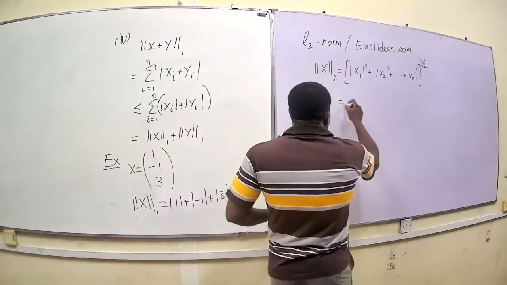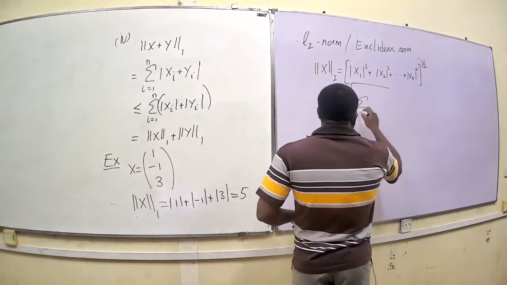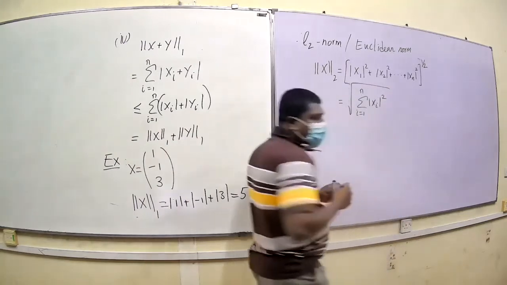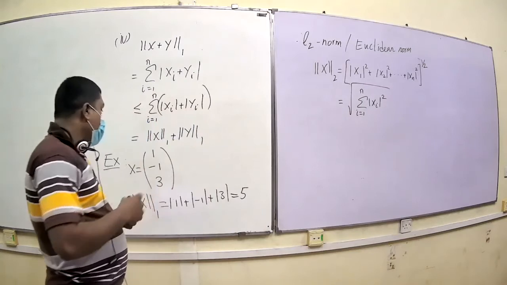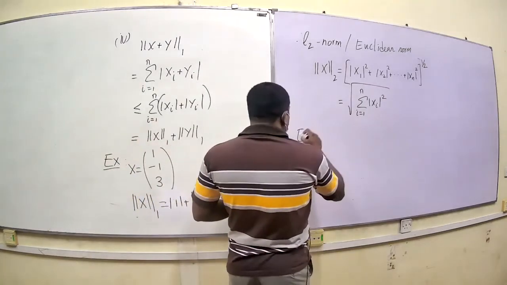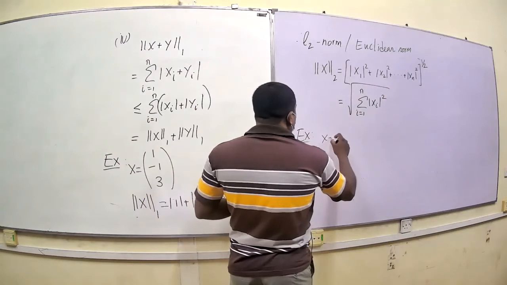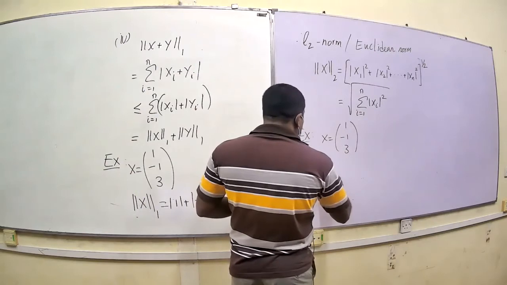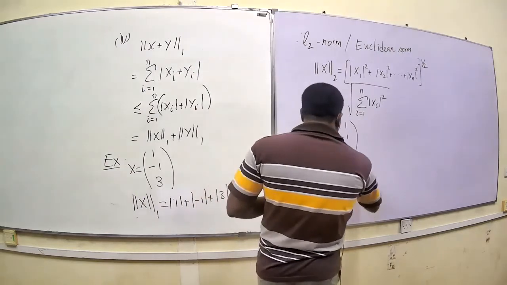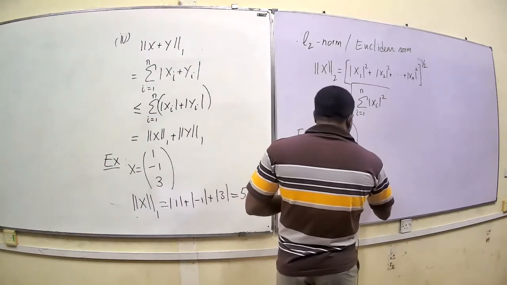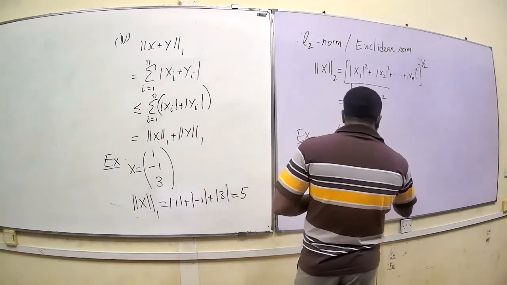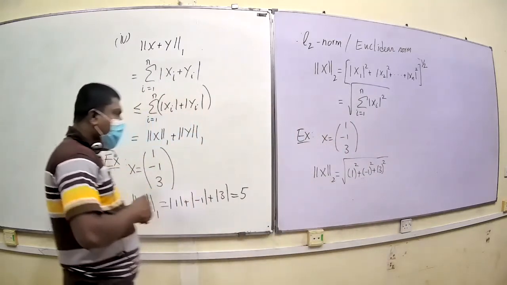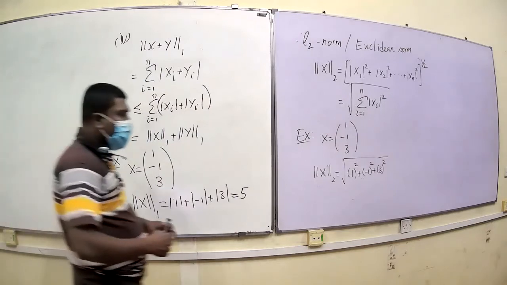So this is basically the square root of the sum of i running from 1 to n of xi squared. Right, so for example, the same one: 1, -1, 3. So now the 2 norm is the square root of 1 squared plus (-1) squared plus 3 squared. So 9, 10, 11. So that is the square root of 11.